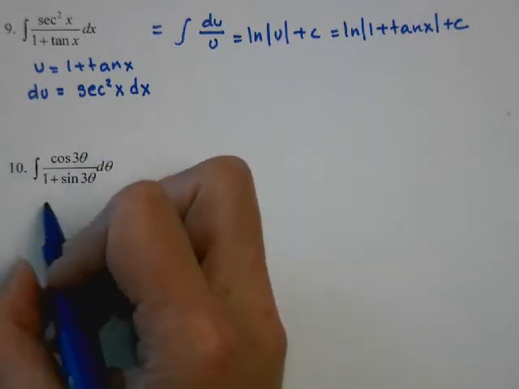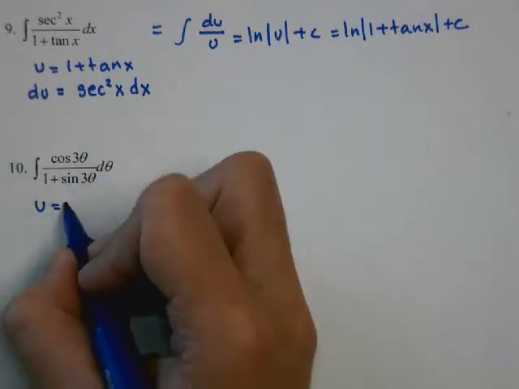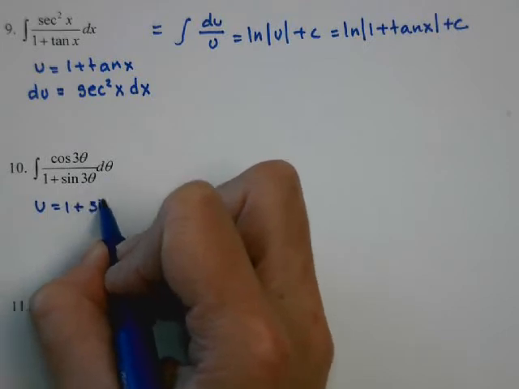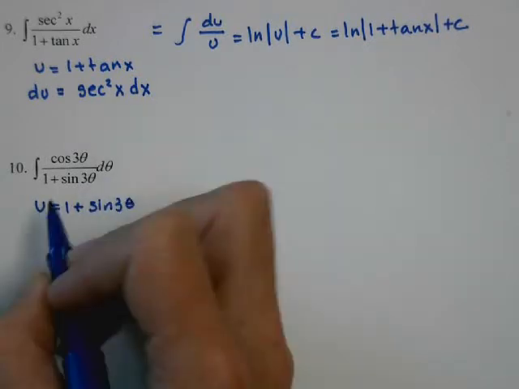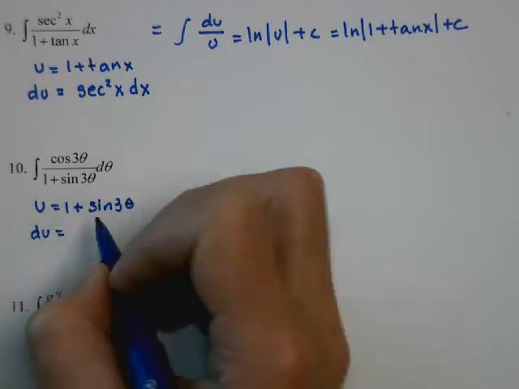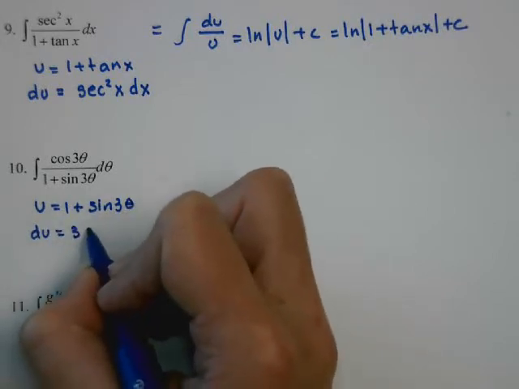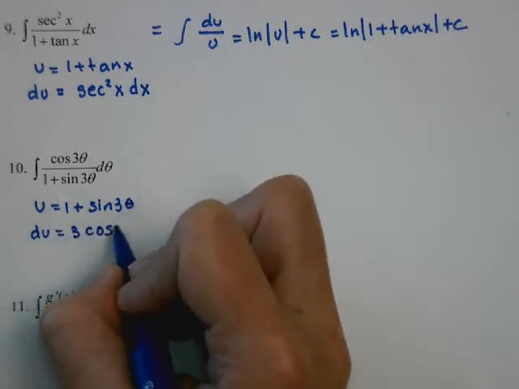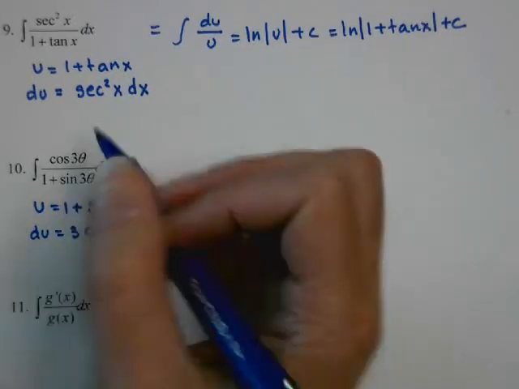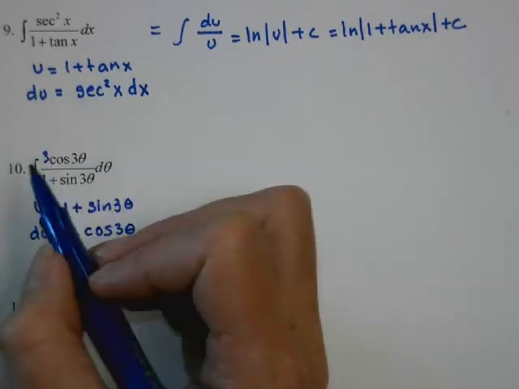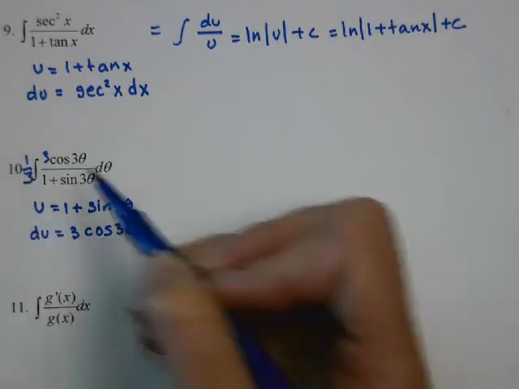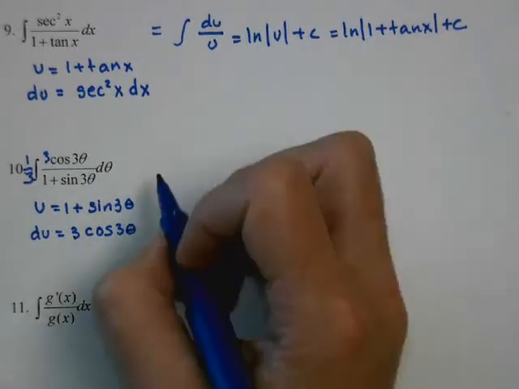Here, we're going to have u equal 1 plus sine 3 theta. So du is going to equal 3 cosine 3 theta. So I sort of have that. So I'll add a 3 there, or multiply by 3 and do a 1/3.